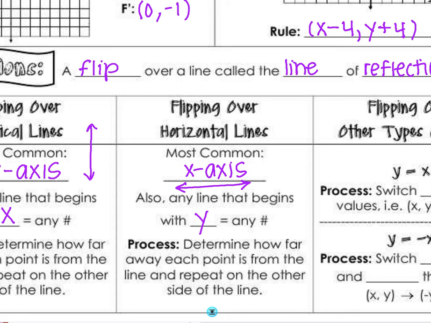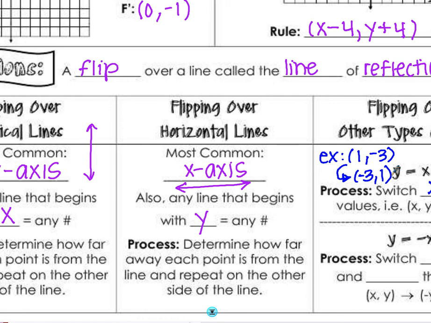It's this line right here, going through the origin with a slope of 1. So if you're flipping over that, you just switch x and y. For example, let's say the original is (1, -3). That will turn into (-3, 1), because they just switch.